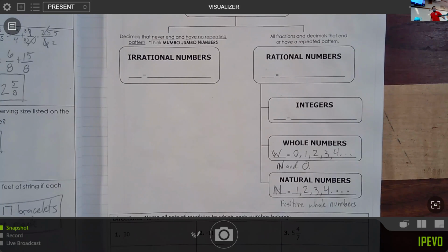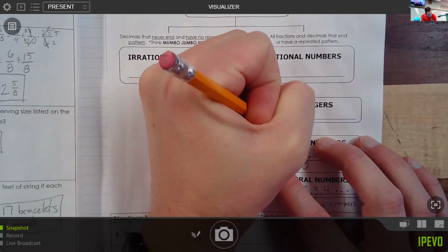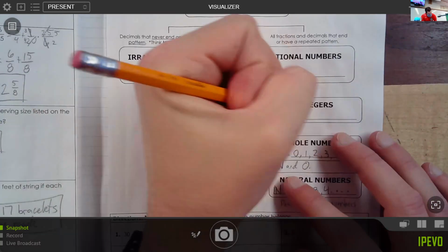Integers. We've talked about integers before. We've used them before. What are they? I've mentioned the definition a few times. Anybody remember? Positive and negative whole numbers, exactly. So this would be positive and negative whole numbers.